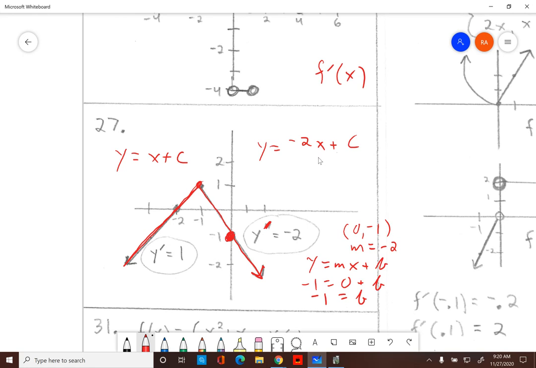So the idea here is, if we have a constant slope of negative 2, that's what the f prime of x is telling us, that means the original graph must be a line. So it has to be a line of slope 1 and then a line of slope negative 2, just getting those pieces to connect up to make it continuous. So kind of working backwards, kind of tough to do. So hopefully we're having fun with that.